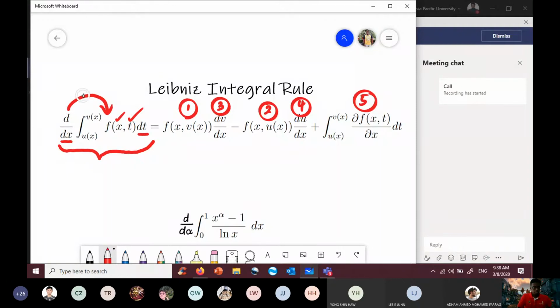Okay, it was confusing, but let's just stay here for a while. Five components. Whenever you want to use the Leibniz integral rule, there are five things that you must find. So the easiest way to proceed is not to put everything in one shot, but to find them one by one.